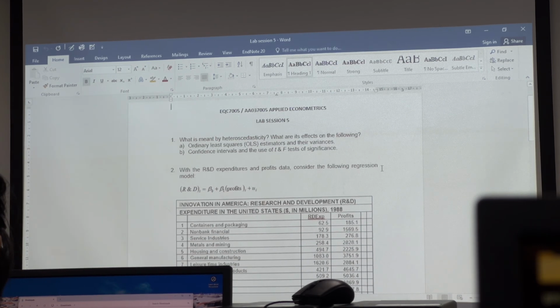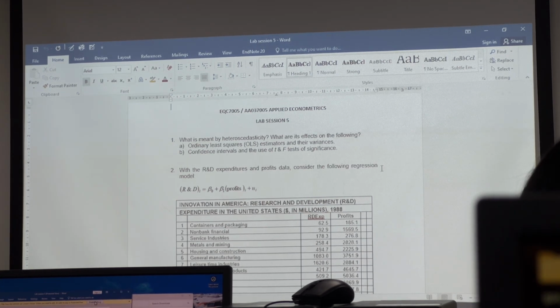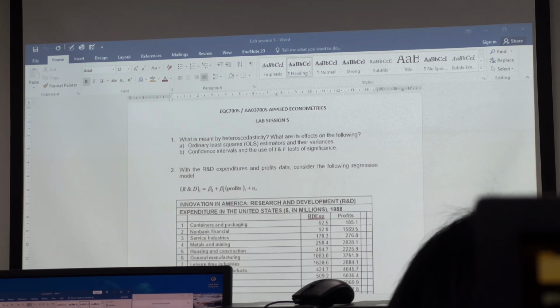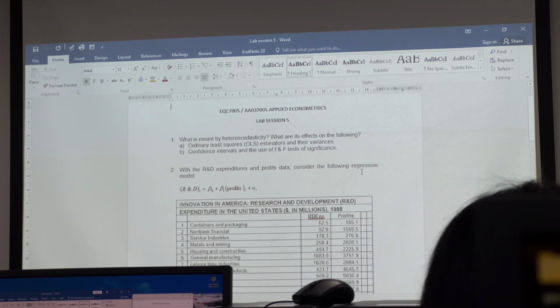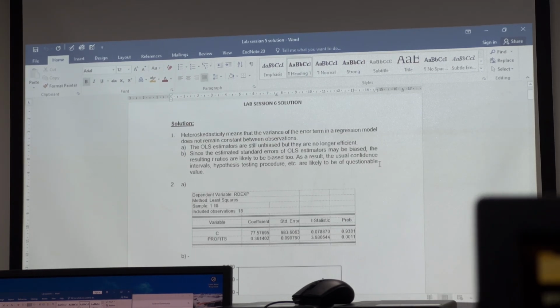Okay, question number 1, what is meant by heteroscedasticity? As we discussed earlier, it represents the problem when we have non-constant error variance. Heteroscedasticity means that the variance of the error term in a regression model does not remain constant between different observations.